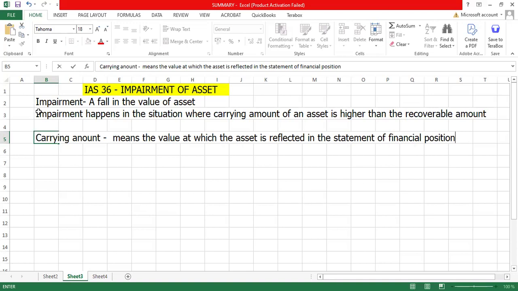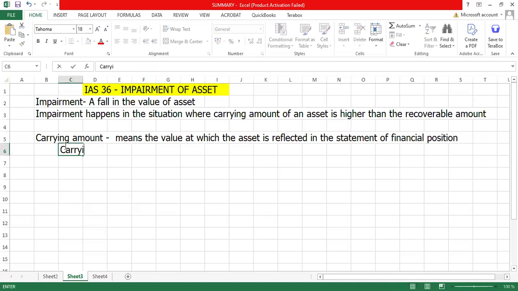As you determine your carrying amount, the value reflected in the balance sheet will always be the cost minus accumulated depreciation. It can be cost minus accumulated depreciation or accumulated amortization, depending on the kind of asset you're dealing with. Okay, that is the carrying amount.